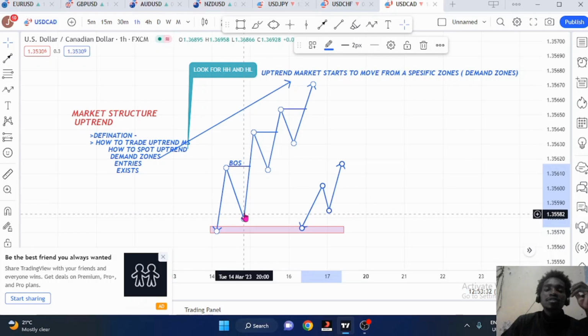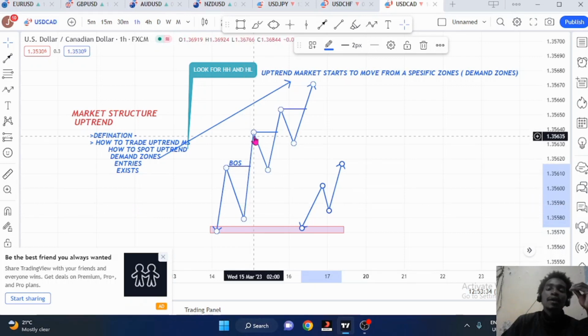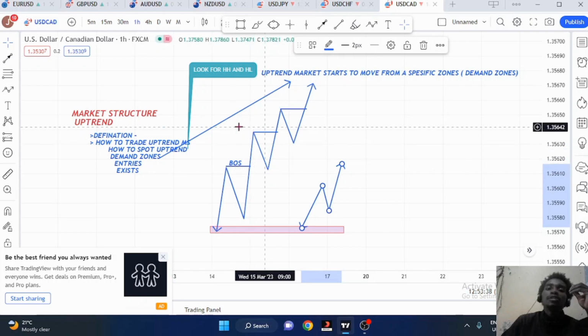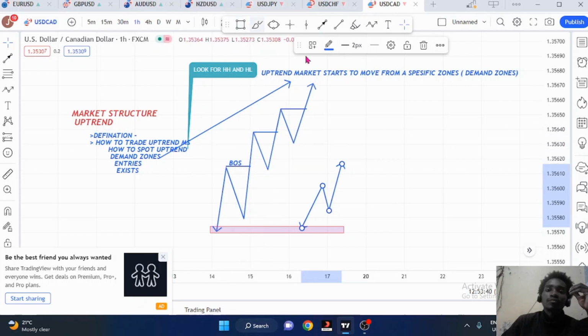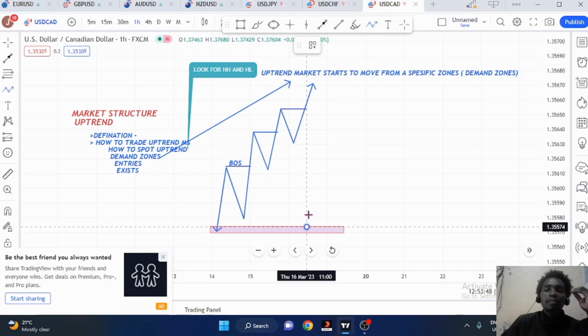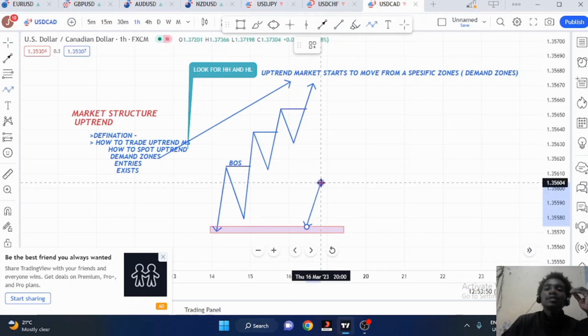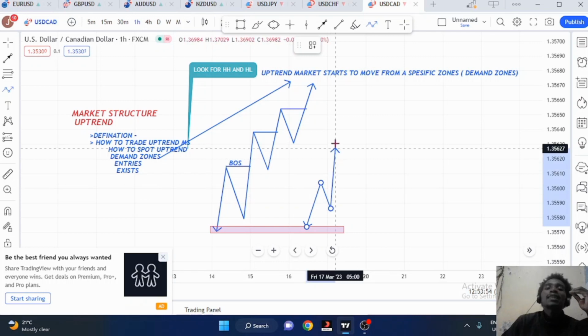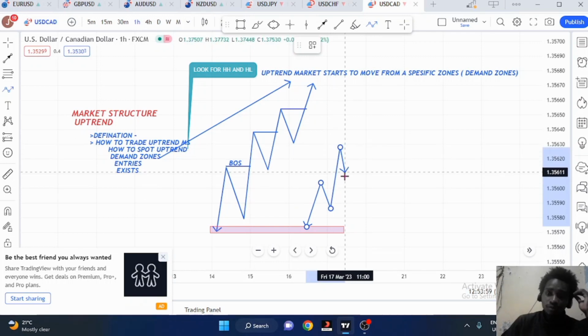For example, if the market is making a high and it makes a pullback here, my target will be in this position. Let me show you. Let's say a market makes a high, right? And makes a higher low, then makes another high, and then I'm waiting for a pullback.